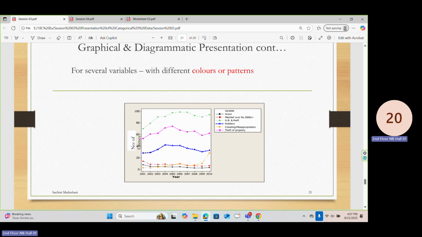Assume there is a particular company that has 3 branches. You need to represent the profit for the last 10 years of each branch. Then we can insert lines using 3 different colors to show the profit values for the last 10 years of each branch. Using one line chart, you can represent it.